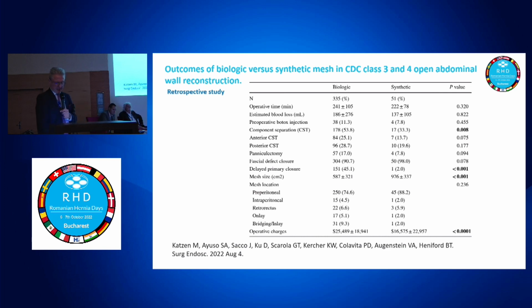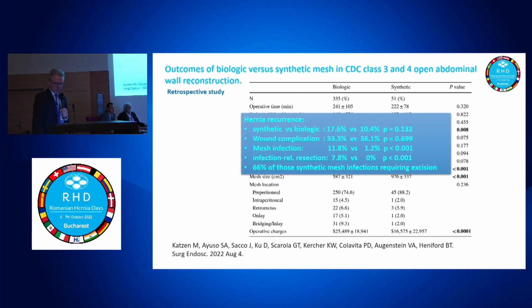So this is not a good study. Sorry for that, Dr. Hanniford, but you can't compare these groups, because of the conclusion out of the results: you find here 17 versus 10% hernia recurrences, wound complications, as well as mesh infections.